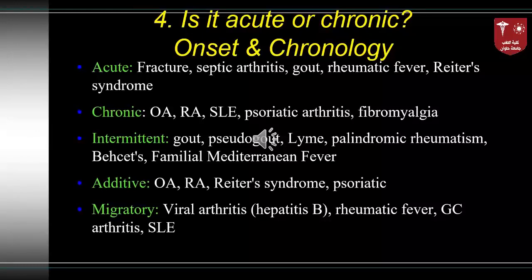By intermittent we mean that it comes in bouts, then it is either completely resolved or partially resolved. Additive means each time more symptoms and signs are showing. Migratory means it affects a joint, then it leaves this joint and affects some other joint.